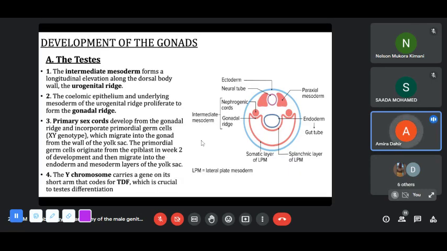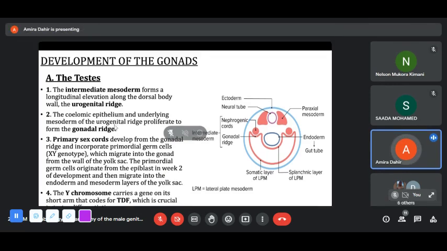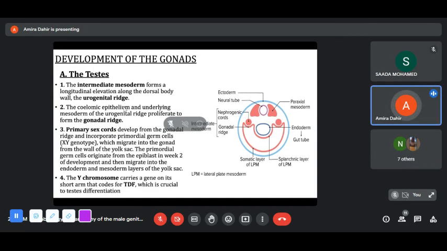The primordial germ cells originate initially from the epiblast in week 2 of development, and then they migrate into the endoderm and mesoderm layers of the yolk sac.